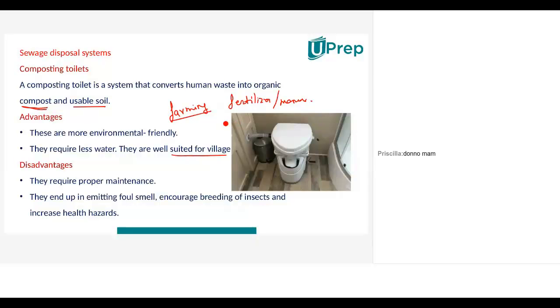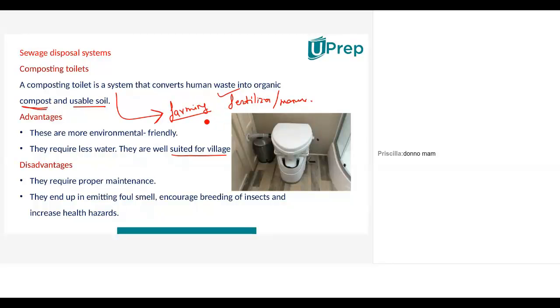So might as well use the already existing waste intelligently, so that it can be diverted into the farmlands. And instead of buying chemical fertilizers, this can act as an organic fertilizer. All the human waste that's coming out can be used as an organic fertilizer instead of buying chemical fertilizers.